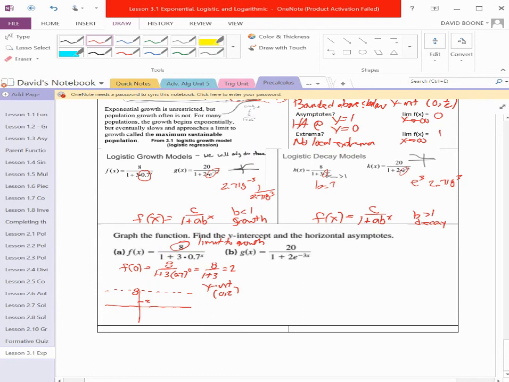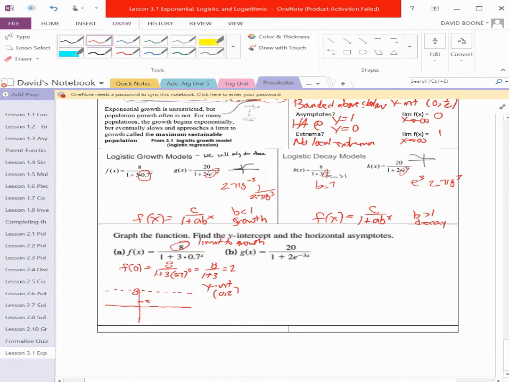My lower value, the other horizontal asymptote that I have here, would be down here, again, because we're looking at growth at that 0 spot.